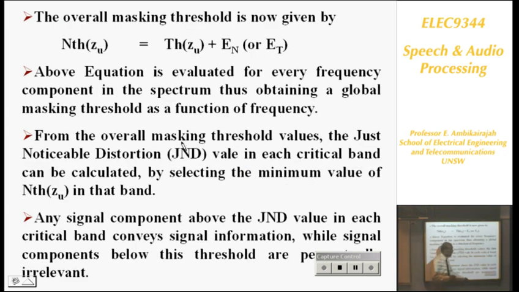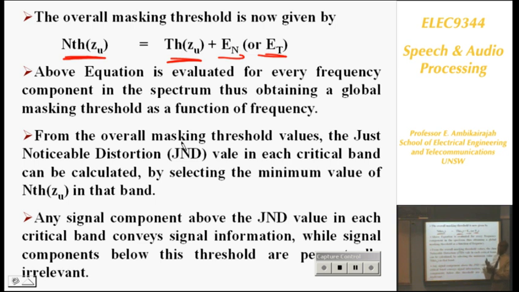So now you could ask, what is the threshold now? The threshold is these two added together. The overall masking threshold is now TH sub Q, that's already done by Tahr's model, plus either tone masking the noise or noise masking the tone. One or the other can happen.